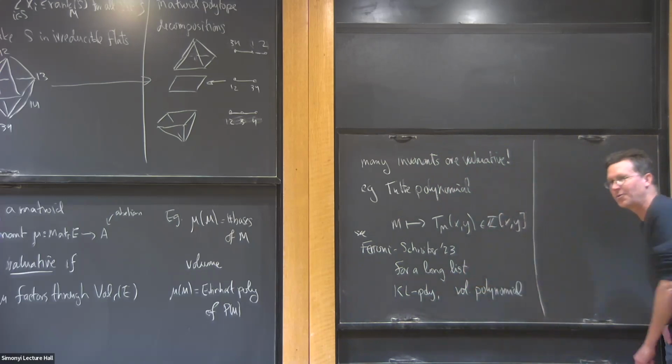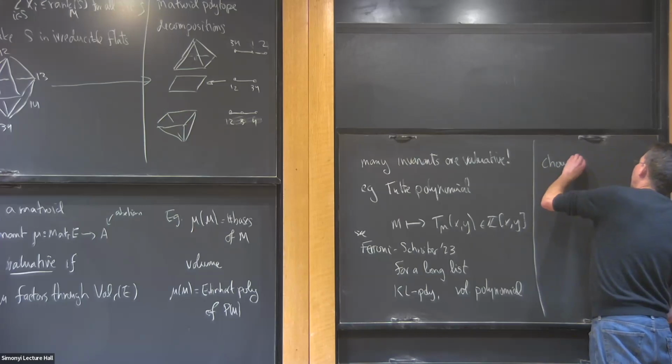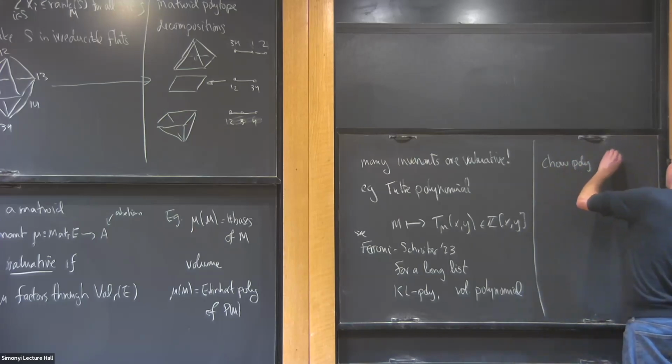The matroid volume polynomial, Chris Eur showed was valuative, etc. Stop me if I'm wrong, but I think the Chow polynomial of a matroid is not a valuative invariant.